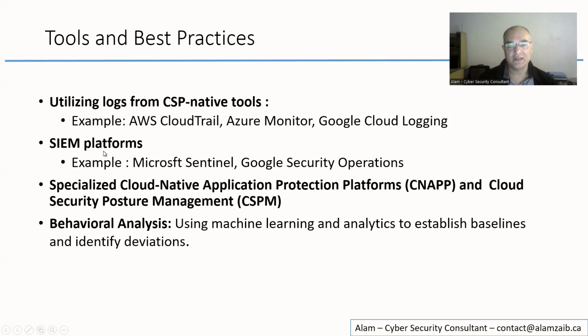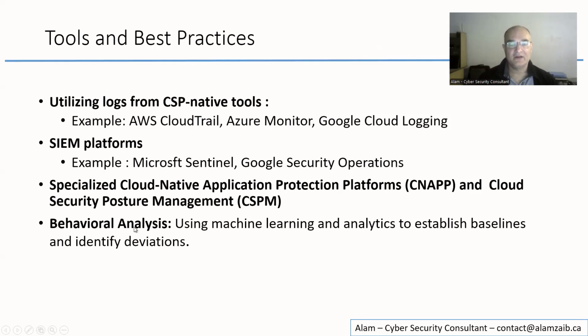And then also utilize SIEM platforms, like Microsoft Sentinel, or Google Security Operations, or any third-party SIEM like Splunk or QRadar and all those. And also cloud native application protection platforms, like CNAPP or cloud security posture management, can also be used for threat hunting.